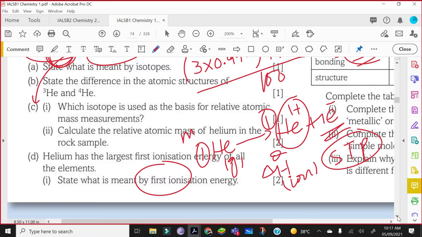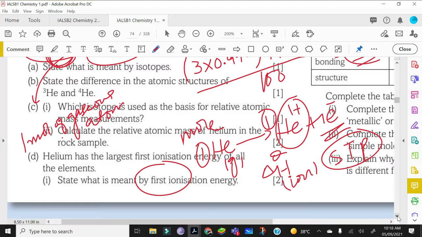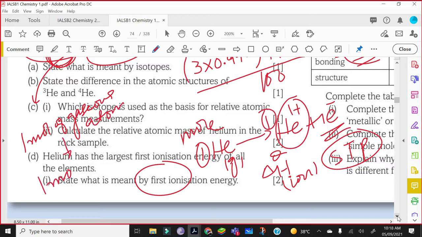It's 1 mole of gaseous atom converted into 1 mole of gaseous cation by the release of 1 mole of electron.